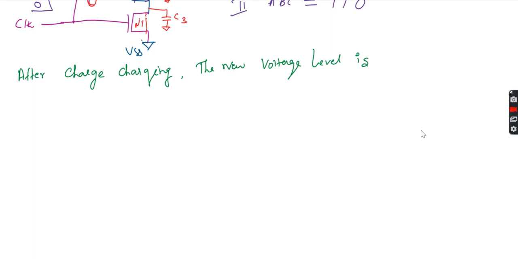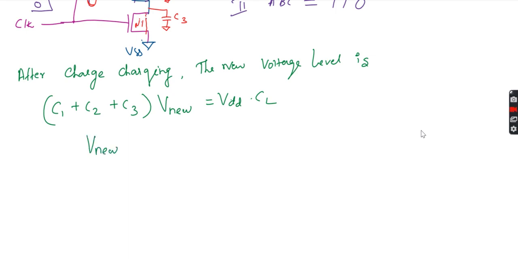I will write the internal capacitances as C1 plus C2 plus C3, because there are 3 internal capacitances, into the new voltage V new, is equal to VDD into CL. This VDD into CL is the output side, and this is the input, right? So the new voltage V new is equal to VDD into CL divided by C1 plus C2 plus C3. This is equation number 1.